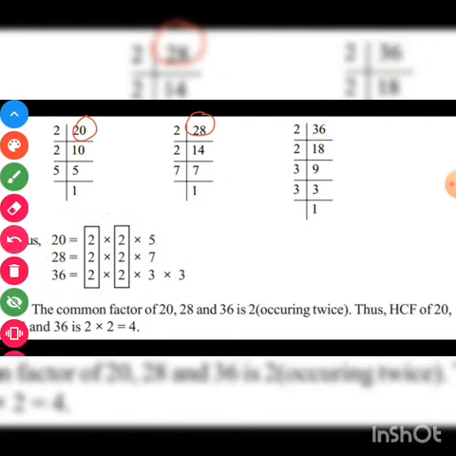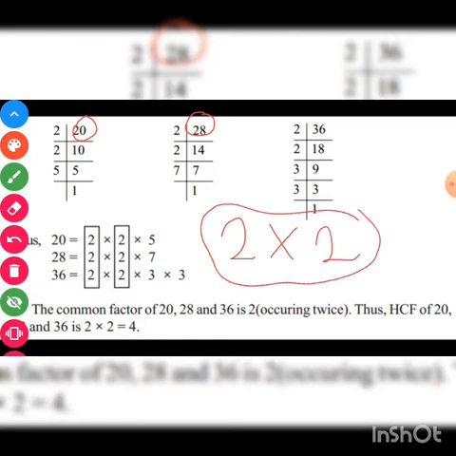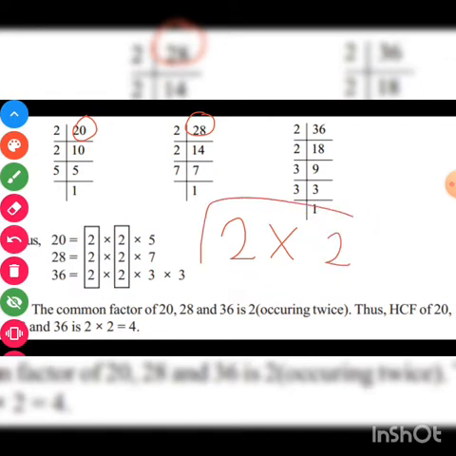Now among these three numbers, we have written their prime factors. Now see what is common between these three numbers. If you can see here, a pair of 2 is common. So the common factors of 20, 28 and 36 are 2 into 2.